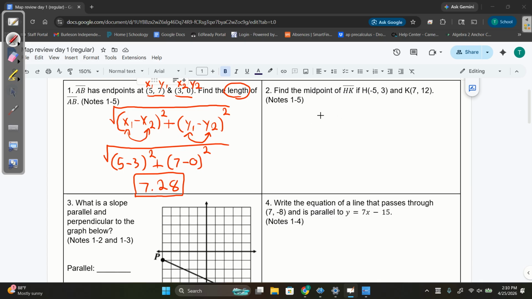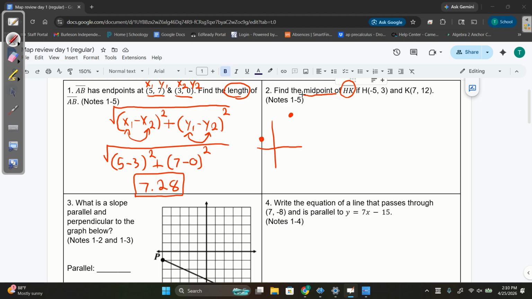Let's try example number 2. Find the midpoint of line HK if H is at (-5, 3) and K is at (7, 12). Now, I want us to actually think about this. I've got a graph with a point at (-5, 3) and (7, 12), and we're trying to find the midpoint.